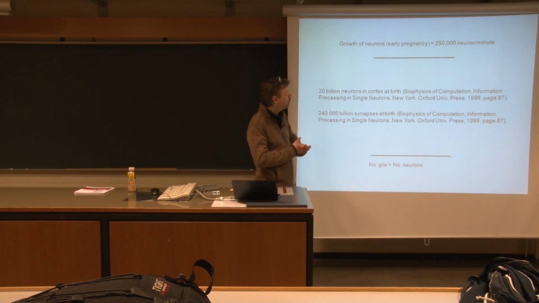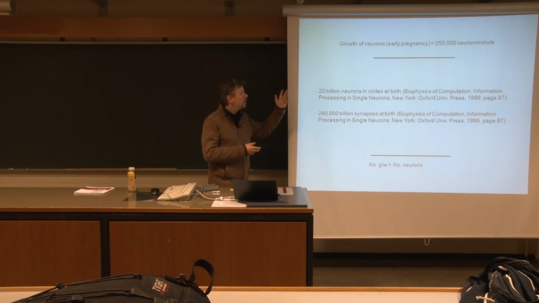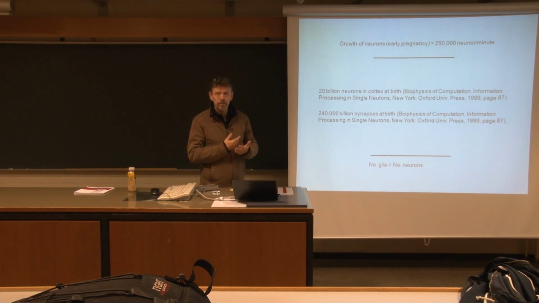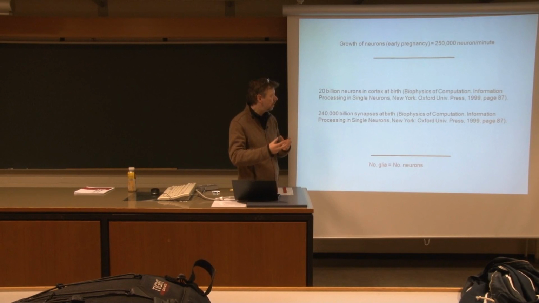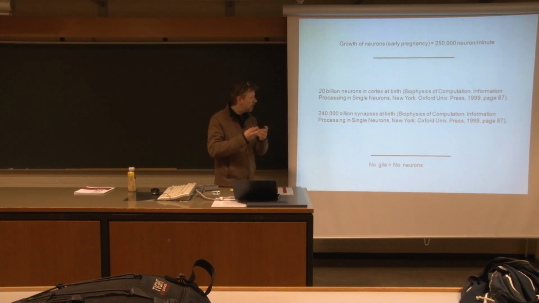So if we just look at the number of neurons, which sort of goes back to what we started out talking about, the size of the brain, in early pregnancy we have about 250,000 neurons which are made every minute. So it's a huge production of nerve cells, which basically originate all from the ectoderm, the neural plate, and where this structure is relatively quickly being formed within relatively short time.